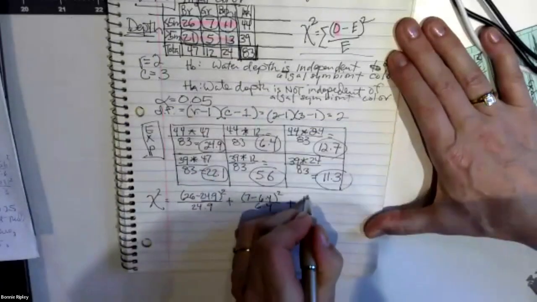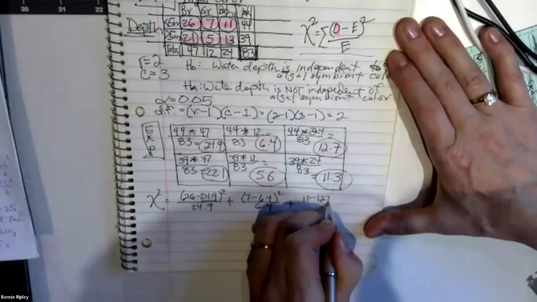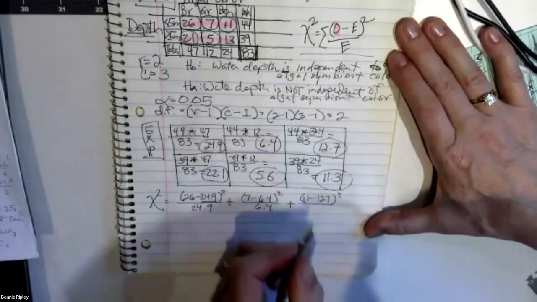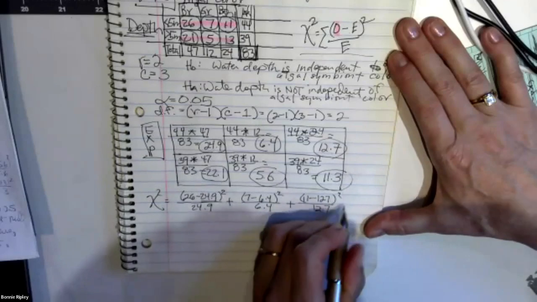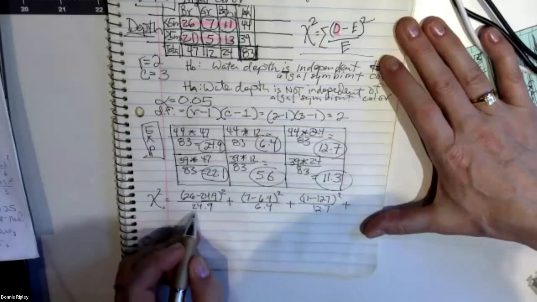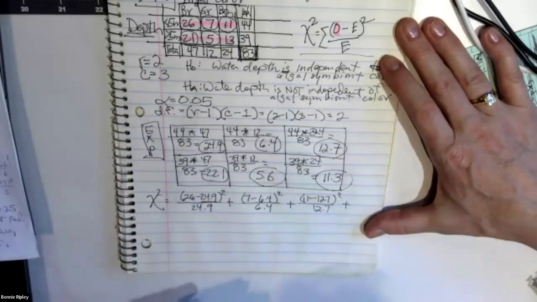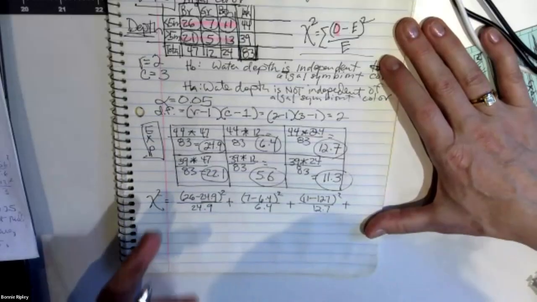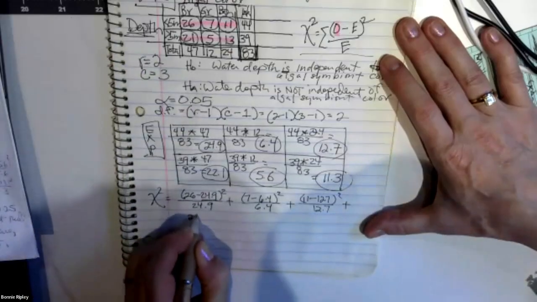11 minus 12.7 squared over 7. Again, I'm going to write my chi-squared formula on the paper in the same pattern as my observes and expecteds are.